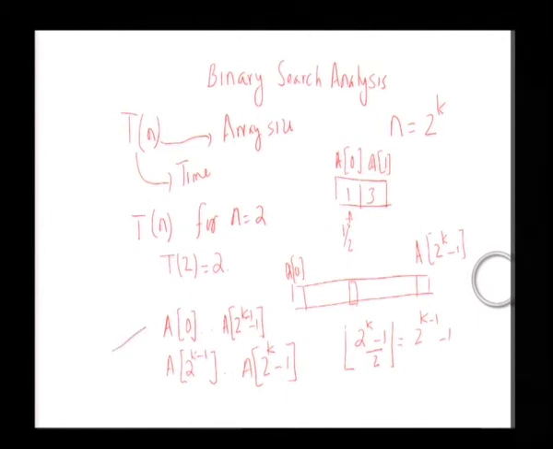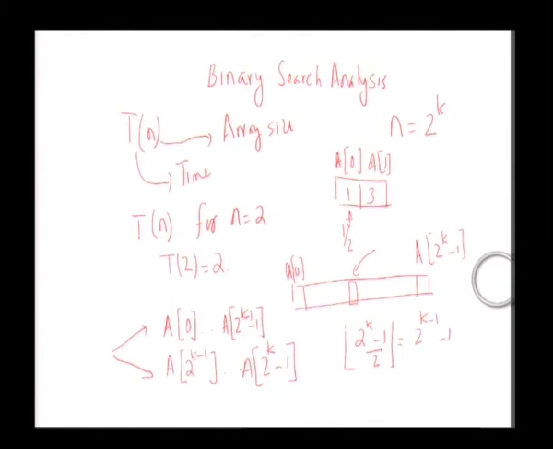There are only two possibilities for the rest of the search space after one comparison. So, after the first comparison with a given key, these are the two ranges of values. As you can see, the range of values is now down by a factor of 2.